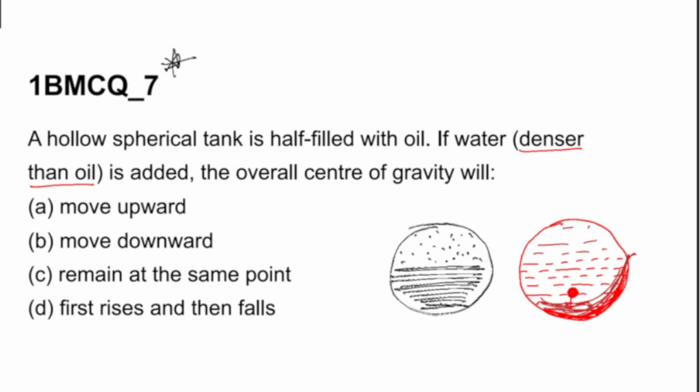Eventually, half of the sphere will be filled with oil, and below we will see that water is filled. So the center of gravity will always move downwards. Only move downwards.